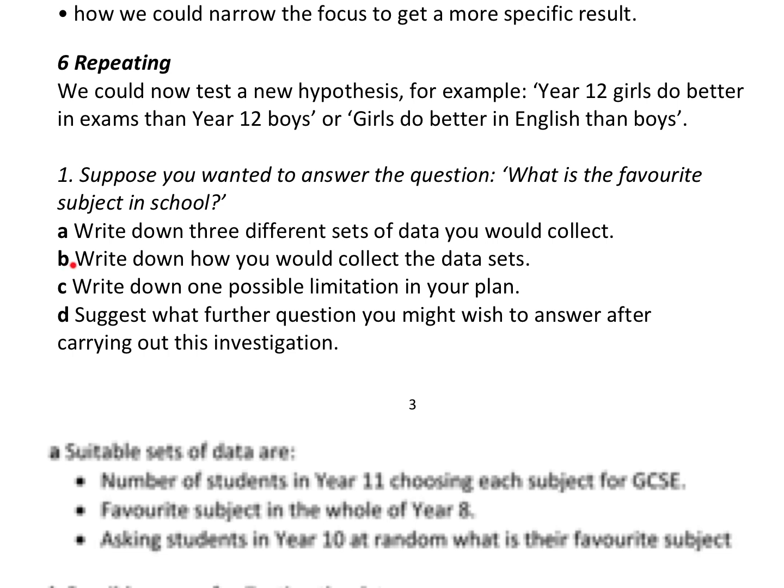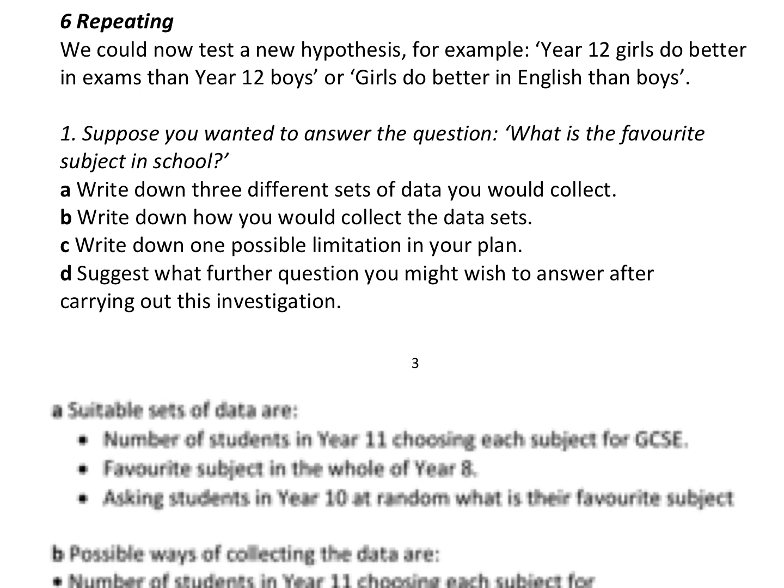Part B is asking to write down how you would collect the data sets. So now we'll actually see how good are they in terms of being able to collect them.